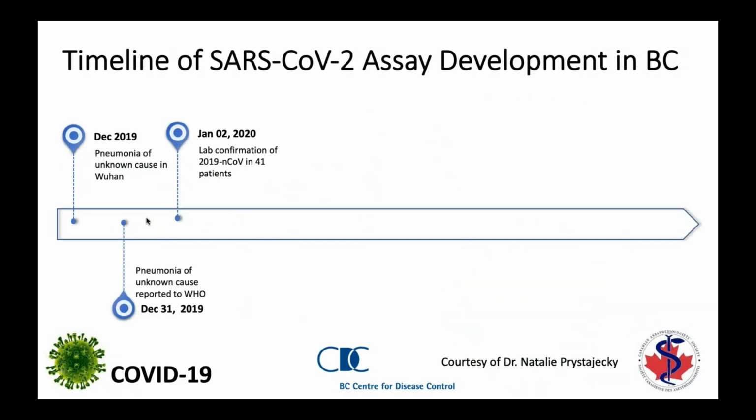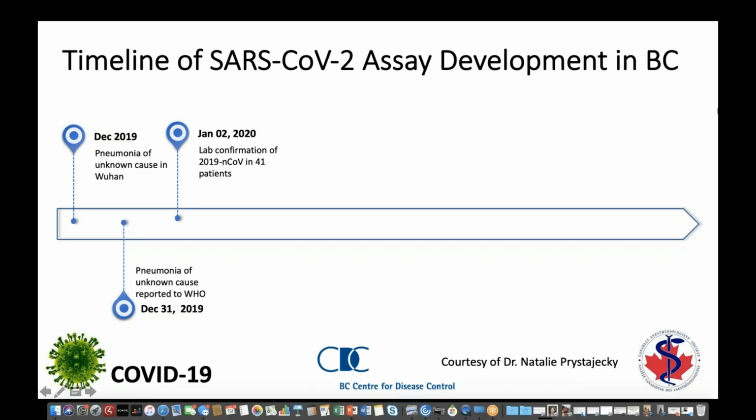So a bit about the timeline of, in British Columbia, the evolution of our SARS-CoV-2 assay and how it was developed. So as you all know, towards mid-December, there were reports of an unknown pneumonia in Wuhan. By the end of December, WHO had declared that there was a pneumonia of unknown cause.